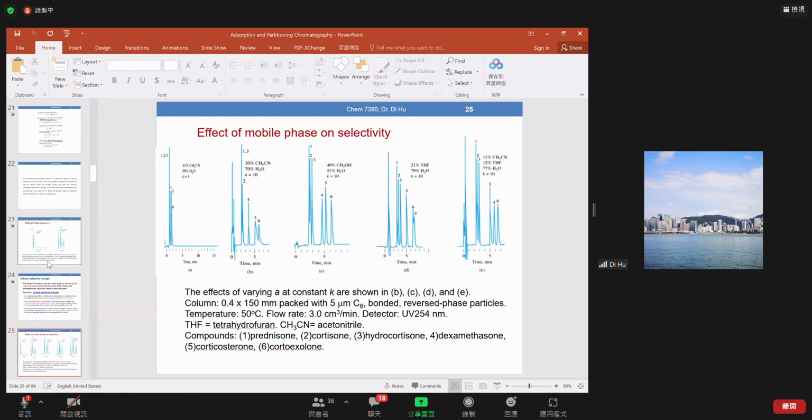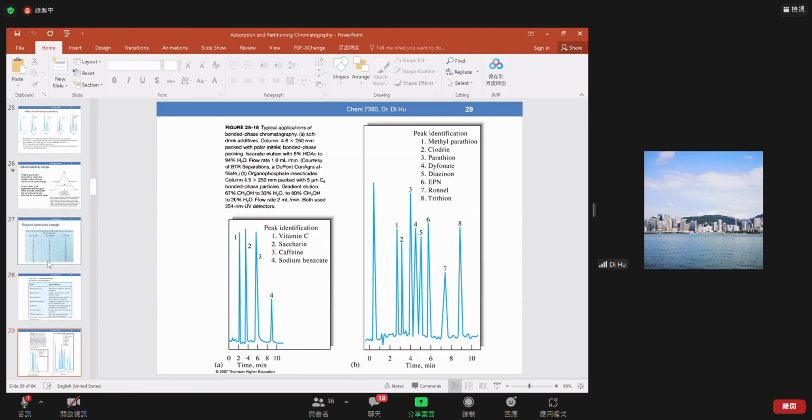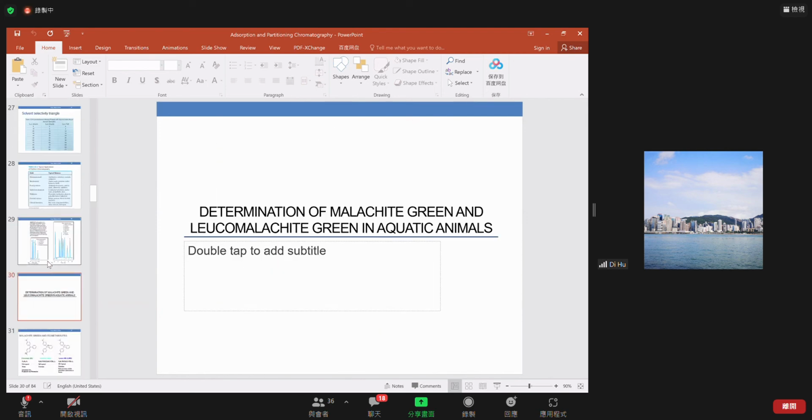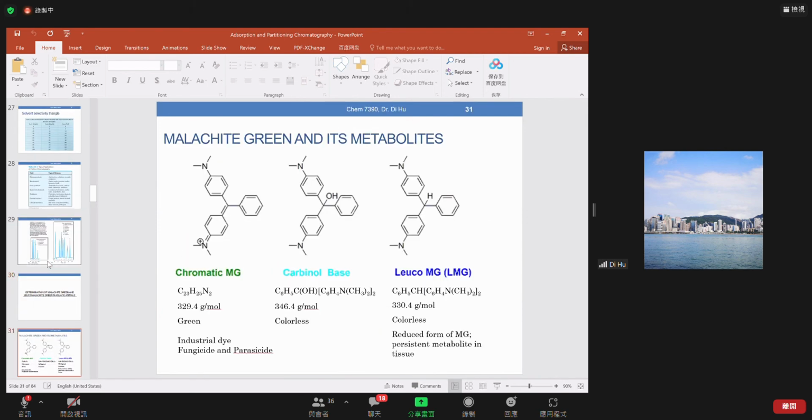And then later on, we use 2 examples to go through. I think the purpose of doing so, I already explained to you guys, is that later on, when you are facing a real challenge or problem in your work, what you're going to see is you only will know what kind of compound you are analyzing, or sometimes you don't even know the clear structure of your compound.